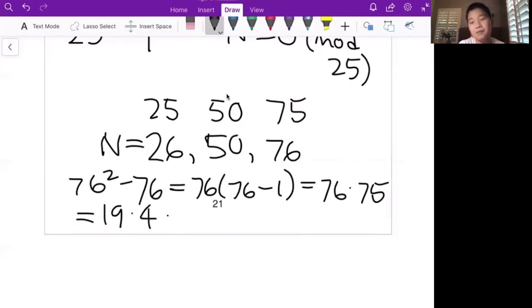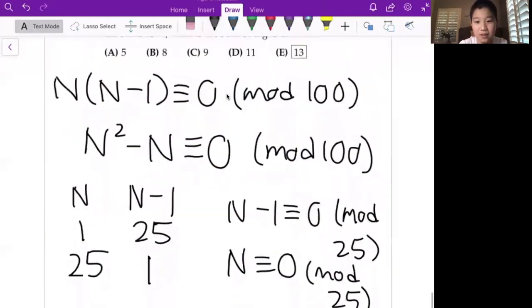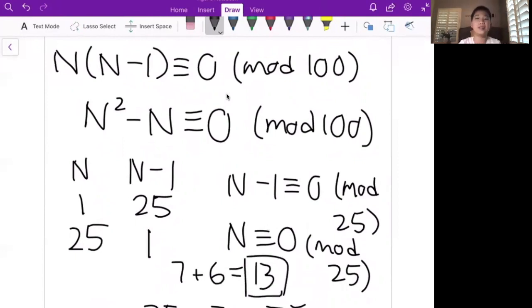And then 75 is 25 times 3. So we see there's a 100 here. So that's equal to 19 times 3 times 100. Yeah, so that's it. 76 is the right answer. So 7 plus 6 equals 13. And we are done.